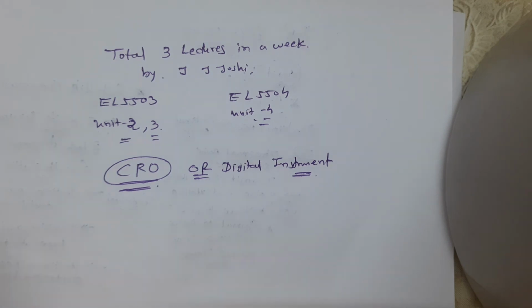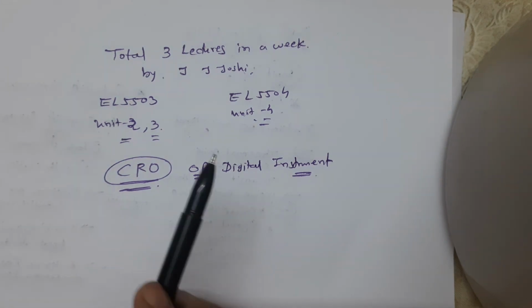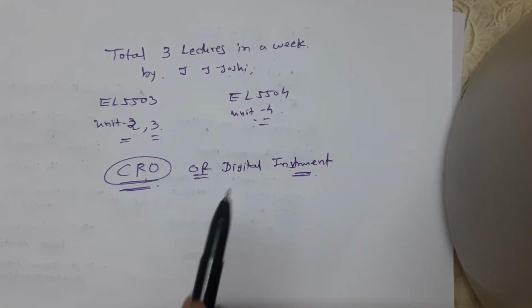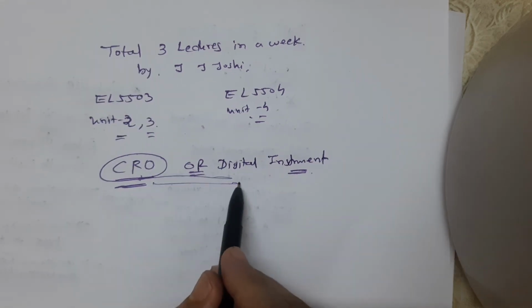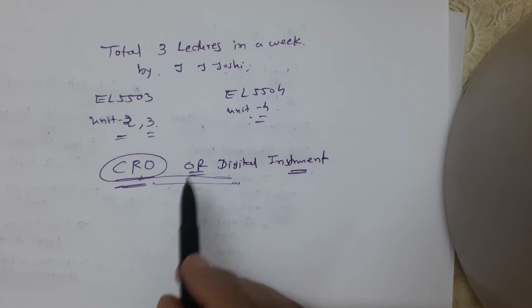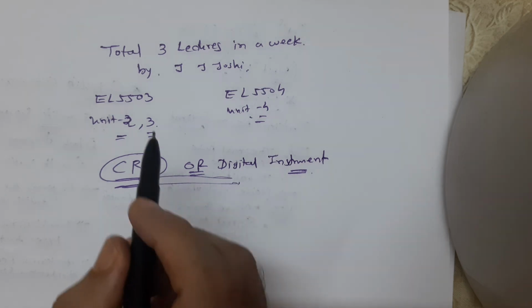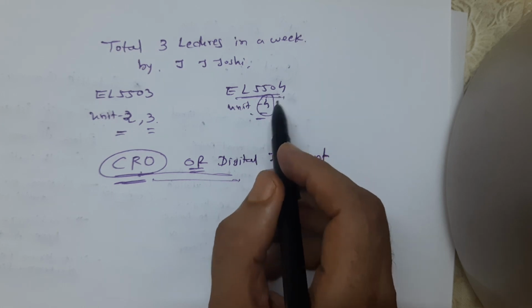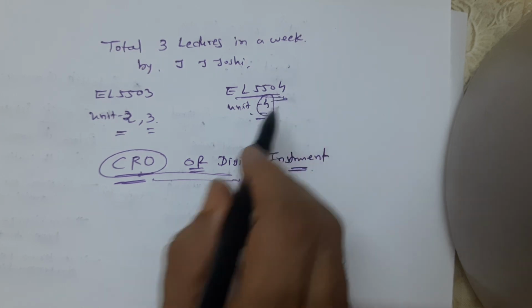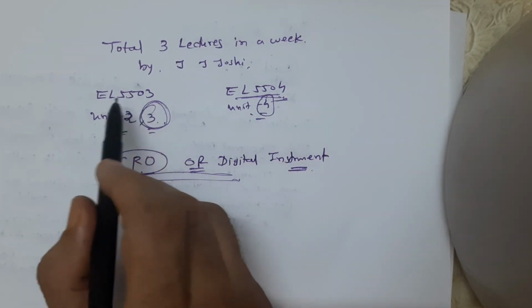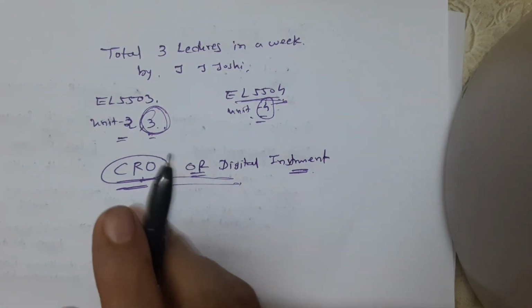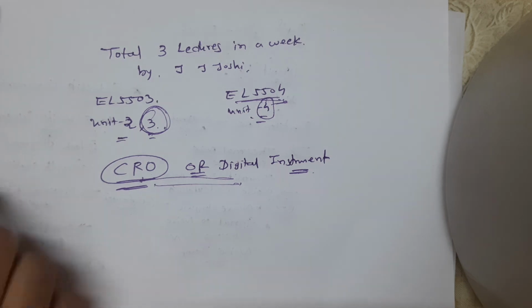The way we will go on is, first of all, we complete half of the topics of this, then we start the second unit, that means Unit number 4 of paper 5504, complete half of this, and then we go to EL5503 Unit 3. In this way we complete this.